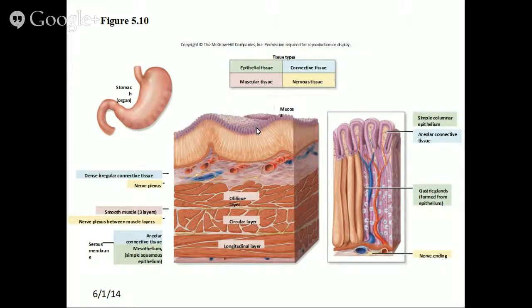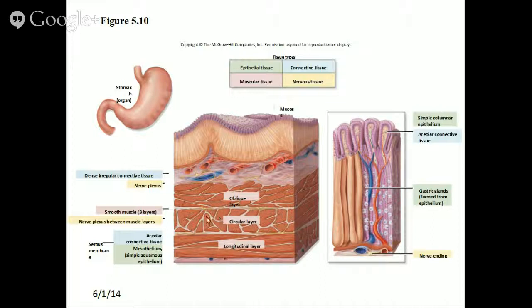Now, what's funny is you're looking at all this epithelial tissue, and then if you look below this, all of this is a type of connective tissue. And it's got blood vessels suspended in it. The connective tissue takes the epithelial tissue and attaches it to a layer of smooth muscle, which happens to be below here.